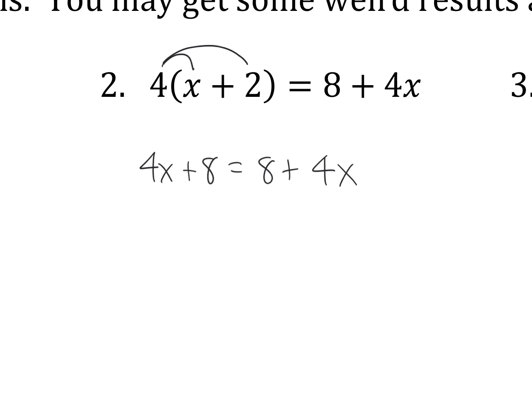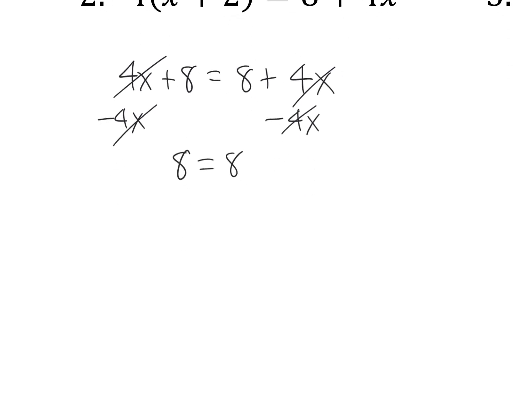So how do we move 4x from one side to the other? We're going to subtract 4x, but you'll see what happens when we do that. They're both going to cancel on both sides. So we're left with just what? 8 equals 8, right? Is that true or false? That's true, right? So if it's true, and there are no variables anymore, the answer is going to be infinite solutions.